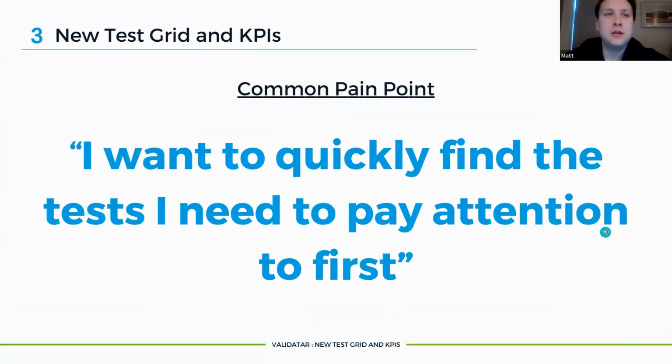So the next thing that we're going to talk about here is our new test grid. As I was going around showing a couple other things there, you probably saw some of it, but the pain points that we're really wanting to help people address with this new approach is folks are constantly saying, I want to find the tests I need to pay attention to first, right?